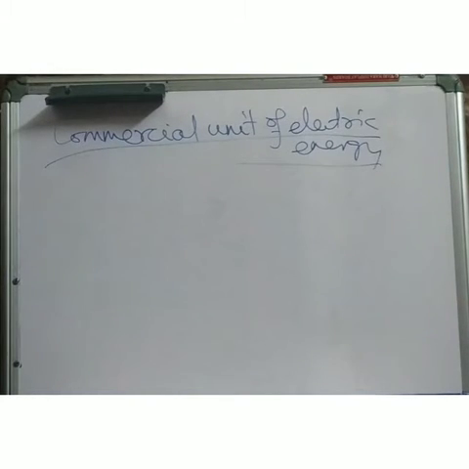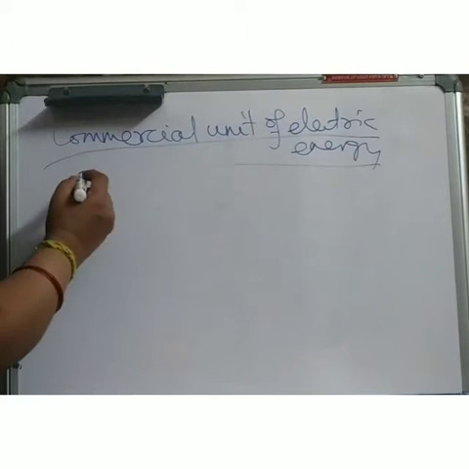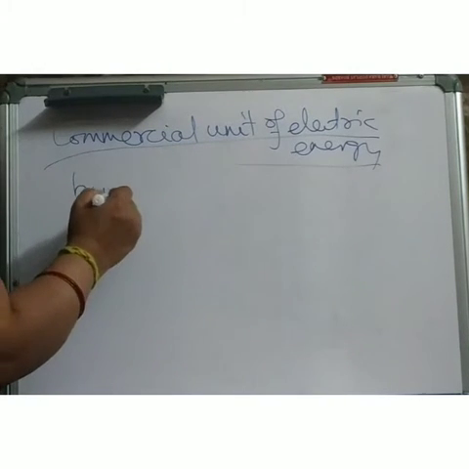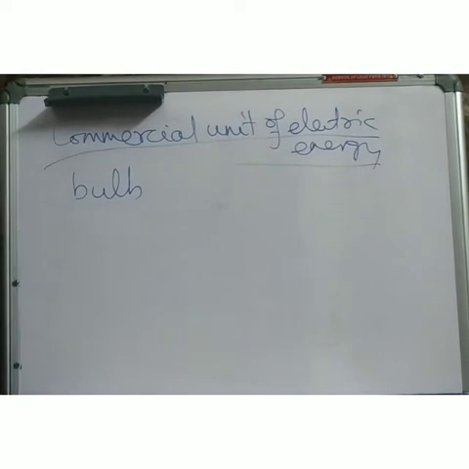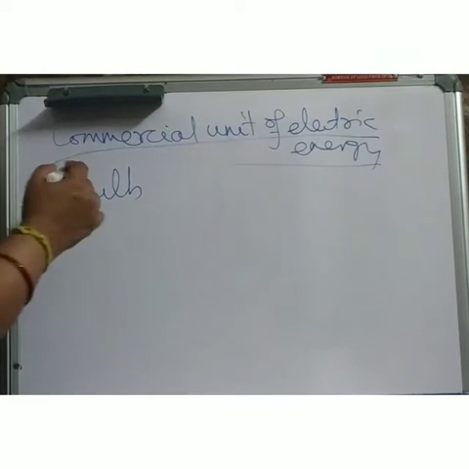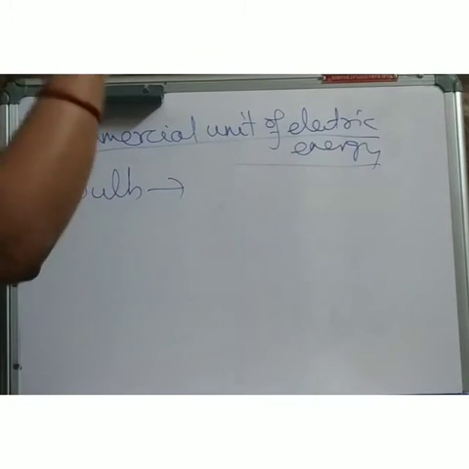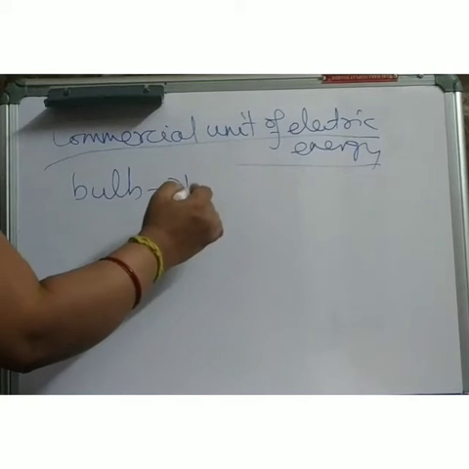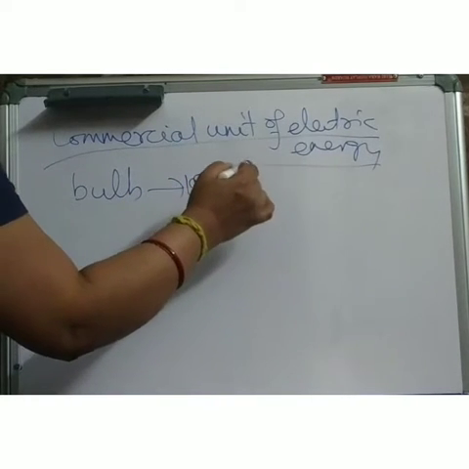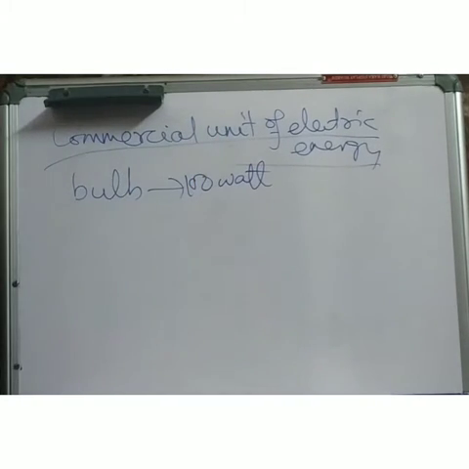Now, you know what energy is. What is the unit of energy? That is joule. Suppose you have seen or heard of a bulb. We used to say this is a 100 watt bulb or a 60 watt bulb, which we use in our drawing room or hall.